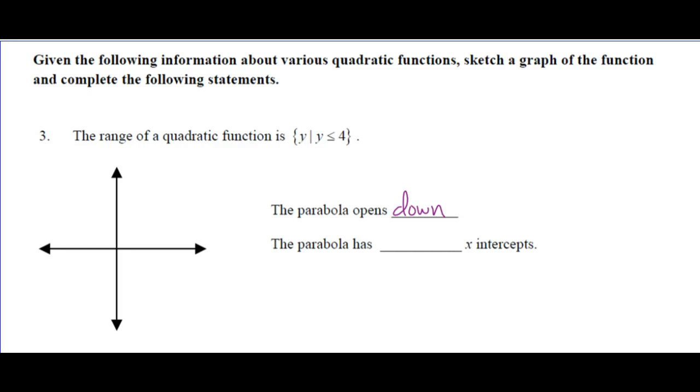The parabola has blank x-intercepts. So the vertex is somewhere up here at 4, and we open down, so we've got to have 2 x-intercepts.